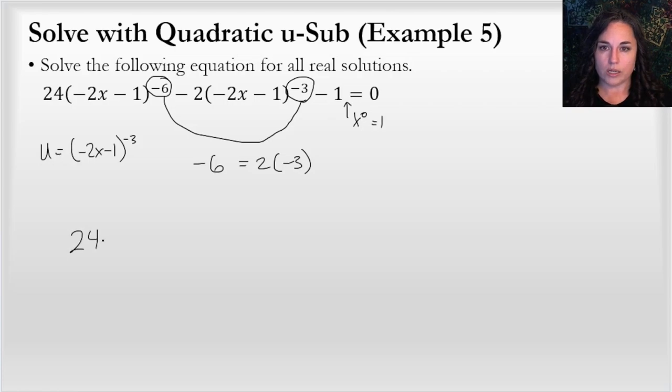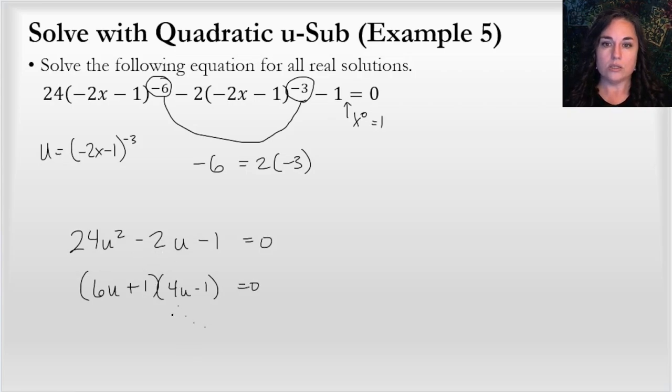So then when you plug in your u-substitution, you can see that this becomes a factorable quadratic equation. What is that? 6u plus 1 and 4u minus 1. That'll give me a negative 6 and a positive 4, which add up to a negative 2 equals 0, and so forth.